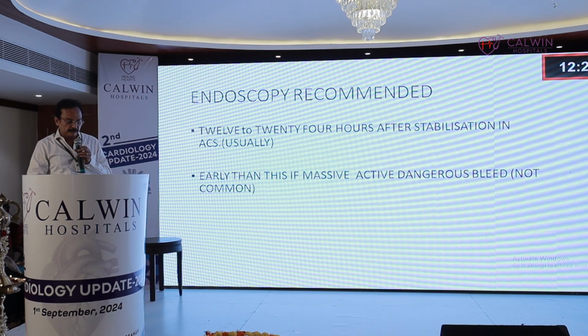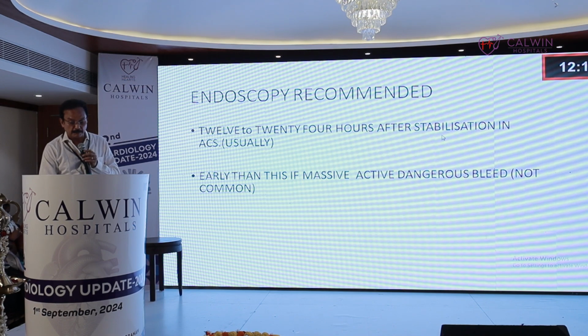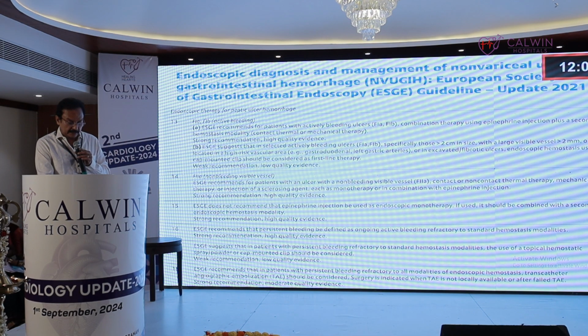But generally what we do is, if the patient is stable, or very unstable, the recommendation is you do angiogram, you do angioplasty, you stabilize the patient, and usually between 12 to 24 hours after angioplasty, you take them for endoscopy. Only in very rare cases, like active bleeding, there are no active guidelines.